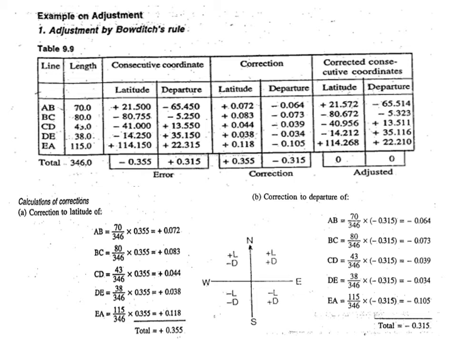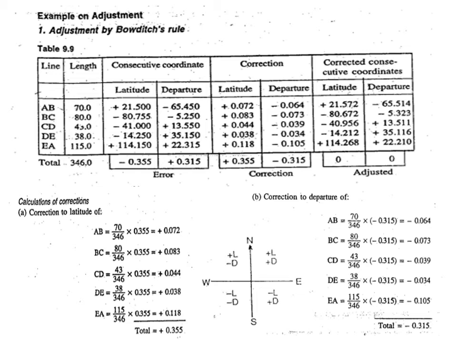Similarly for line BC, the correction for departure equals 80 divided by 346 multiplied by minus 0.315, equals minus 0.073. Similarly for line CD, the length of line CD is 43 and the perimeter is 346 and the error is minus 0.315, therefore the correction is minus 0.039.